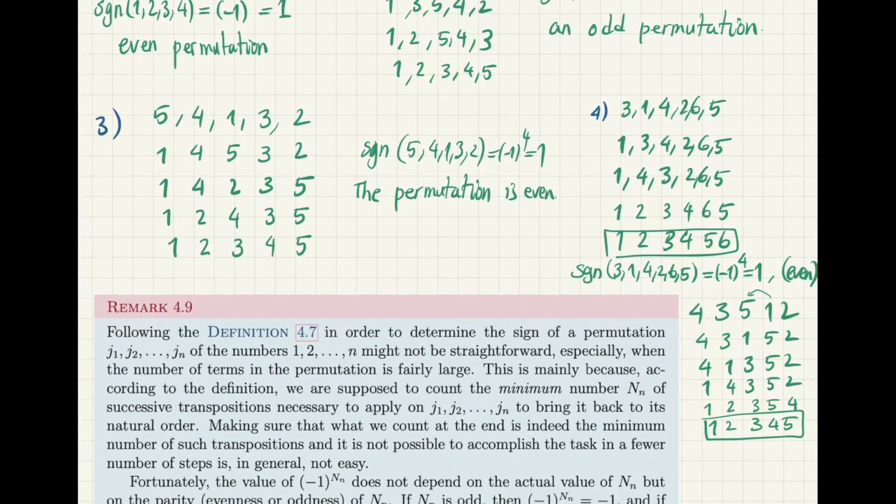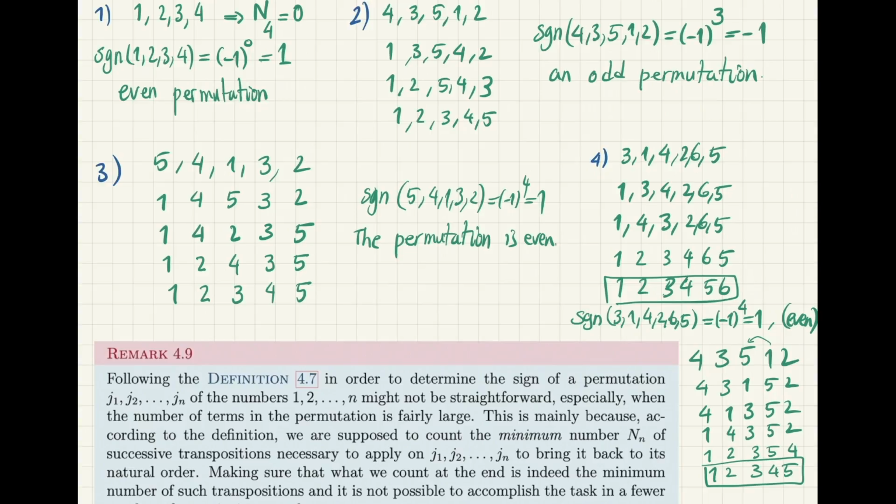But the point is that the parity, evenness or oddness, parity means evenness or oddness, of the number of transpositions needed to put a permutation back in its own natural positions is always either odd or even. So if you can do it in an odd number of steps, you have to do it always in an odd number of steps.